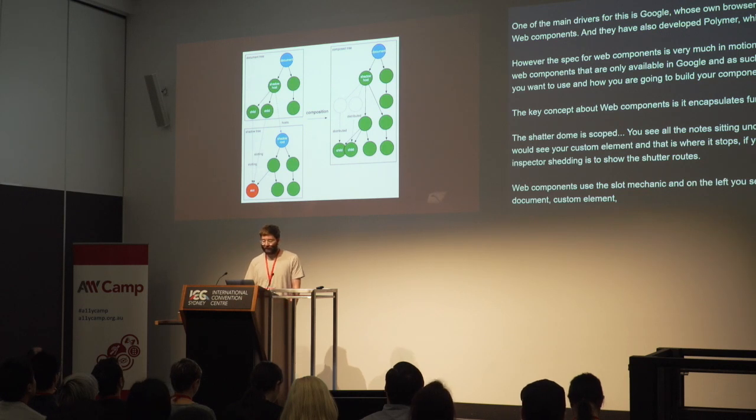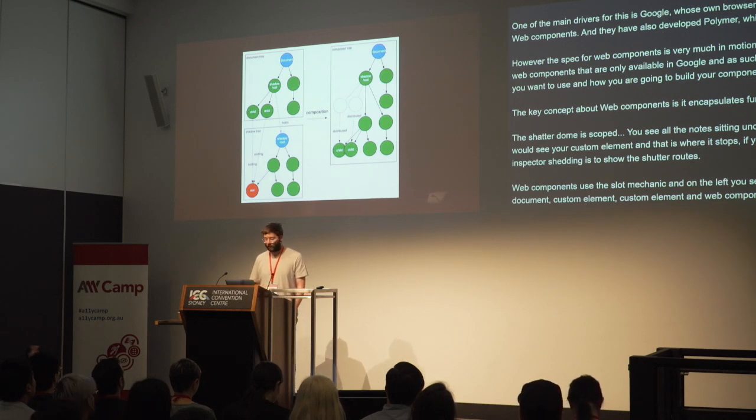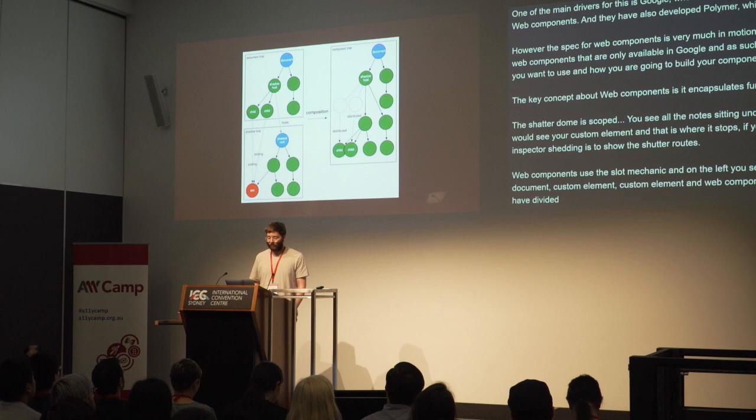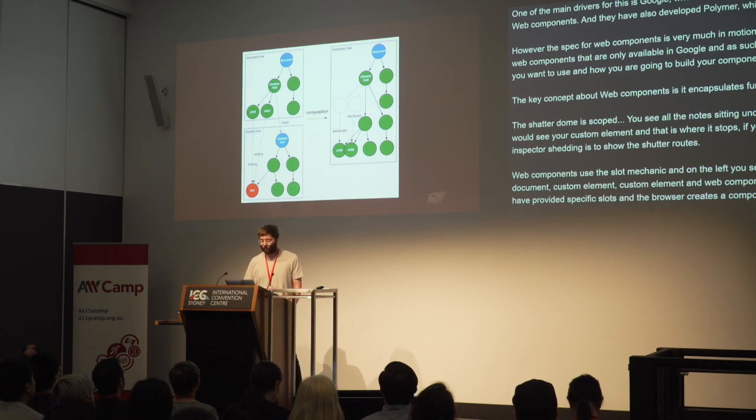And then in the component you've developed, you've provided specific slots where these children will slide in. What the browser then creates out of this is the composed tree where, even though it will look like the top left, the children sitting directly under the shadow host, it will actually compose it and place them in the right spots that you've defined in your component.